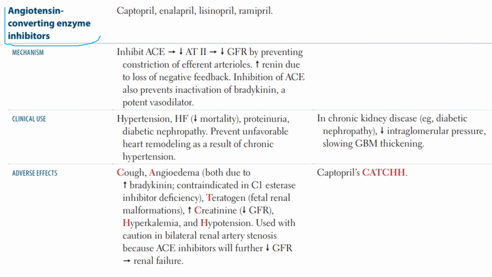Angiotensin converting enzyme inhibitors are the third class in the pharmacology of the urinary system. They include captopril, enalapril, lisinopril, and ramipril. They inhibit the angiotensin converting enzyme, which leads to decreased angiotensin II, which leads to decreased glomerular filtration rate by preventing constriction of the efferent arterioles, and increased renin due to loss of negative feedback.